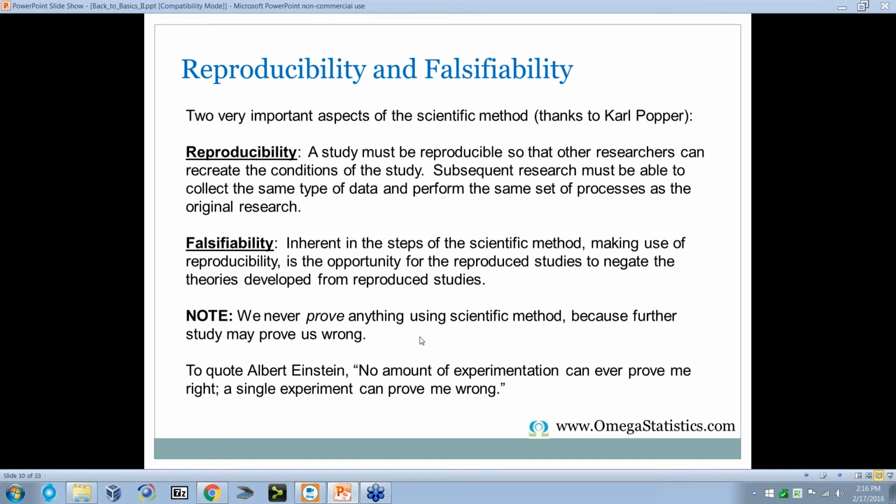Somebody else could go out and pull a different sample from the same population, use your same steps, and they might not find significance. To quote Albert Einstein, no amount of experimentation can ever prove me right, and a single experiment can prove me wrong. That's what he means by reproducibility and falsifiability.